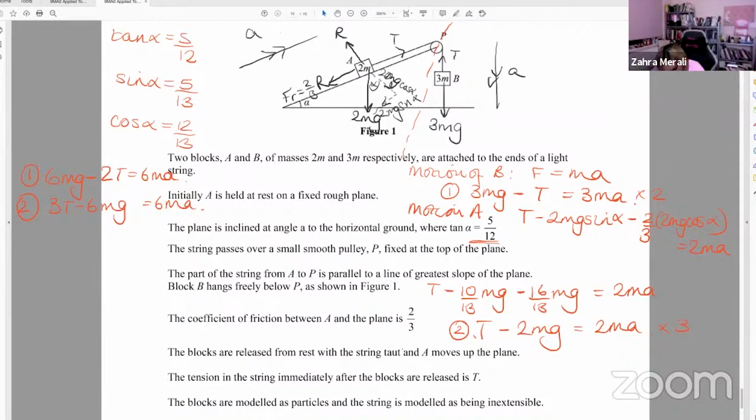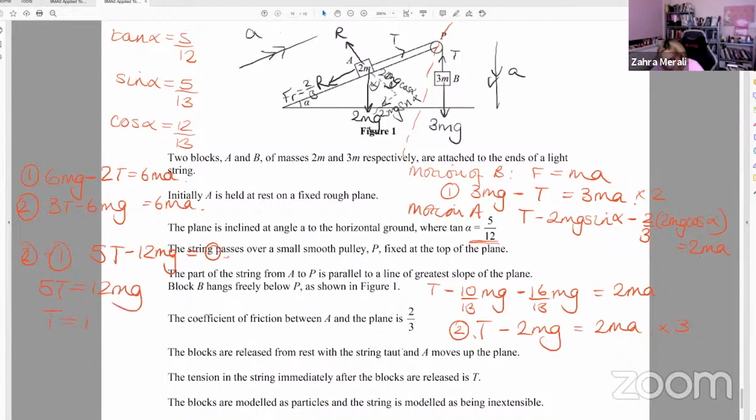So if I do 2 take away 1, I'm going to get 3 minus minus 2, which gives me 5T, minus 6, minus 6, so that's going to give me minus 12mg equals 6ma, so that's 0. So 5T equals 12mg. No, I had done it right.